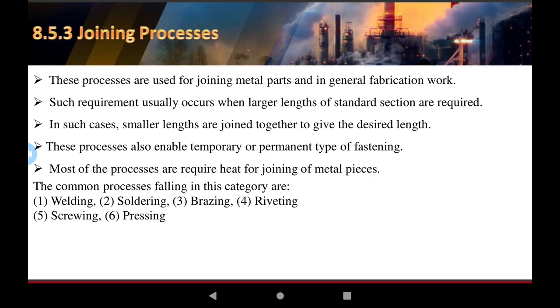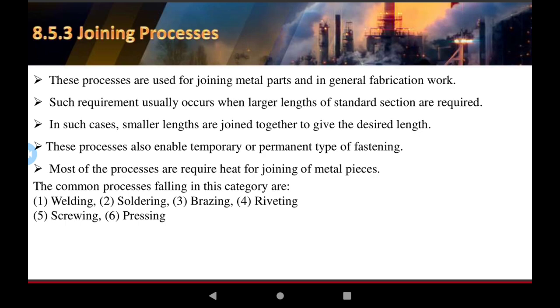Joining operation. The joining process is the application of joining two metal pieces, of similar and dissimilar materials.